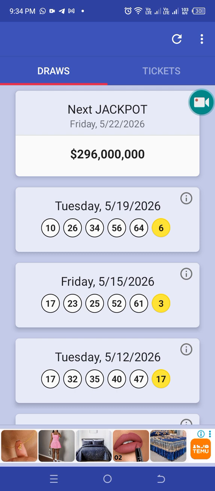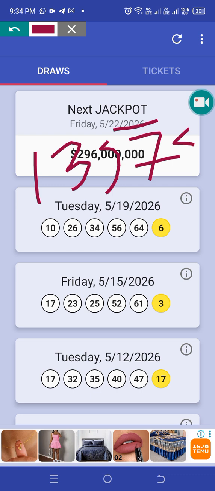When I take 181, I multiply by 75, which is the total number of the draw, plus 5, which is 13,575. The answer is 13,575. This is the code, guys.